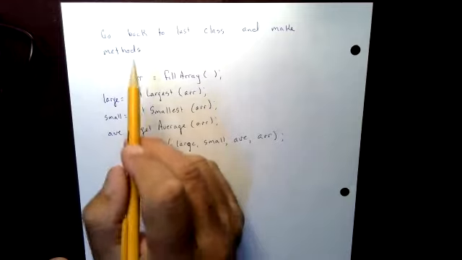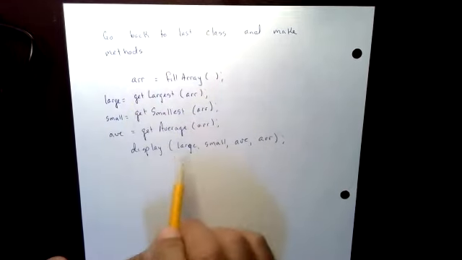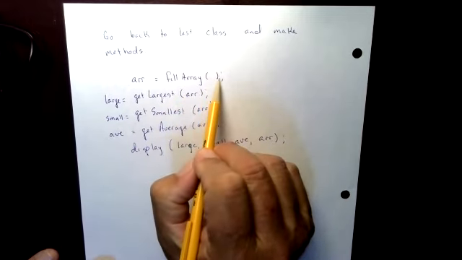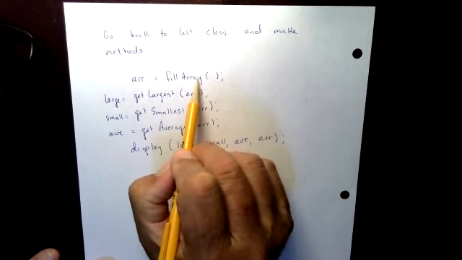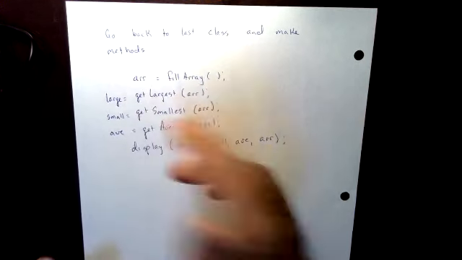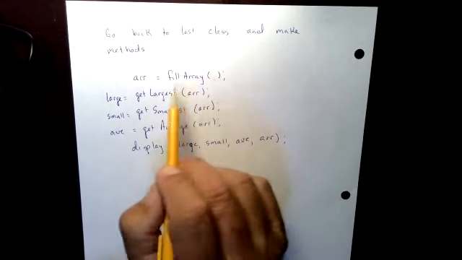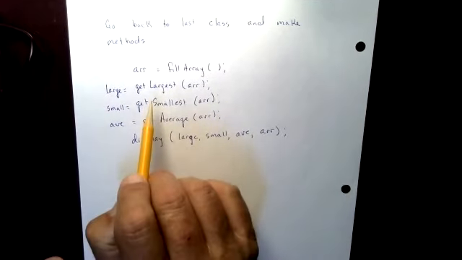So the first thing I'm going to do is practice returning an array. Here's what your main should be. array equals fillArray, empty parentheses. So I'm going to have a method called fillArray that's going to return an array. And we already know we're going to fill it with 10 numbers. So just do the same kind of code as what we looked at on the other side of the notes that I gave you for today.